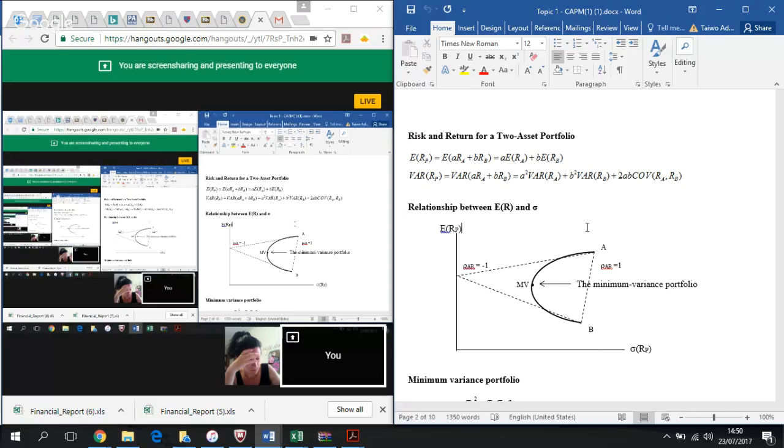So a rational investor, if you have two portfolios, this one gives you 10% return, the other gives you 10% return. Now, which would you choose? The first investment gives you 5% risk, the other one gives you 9% risk. Which would you choose? The 5% risk.